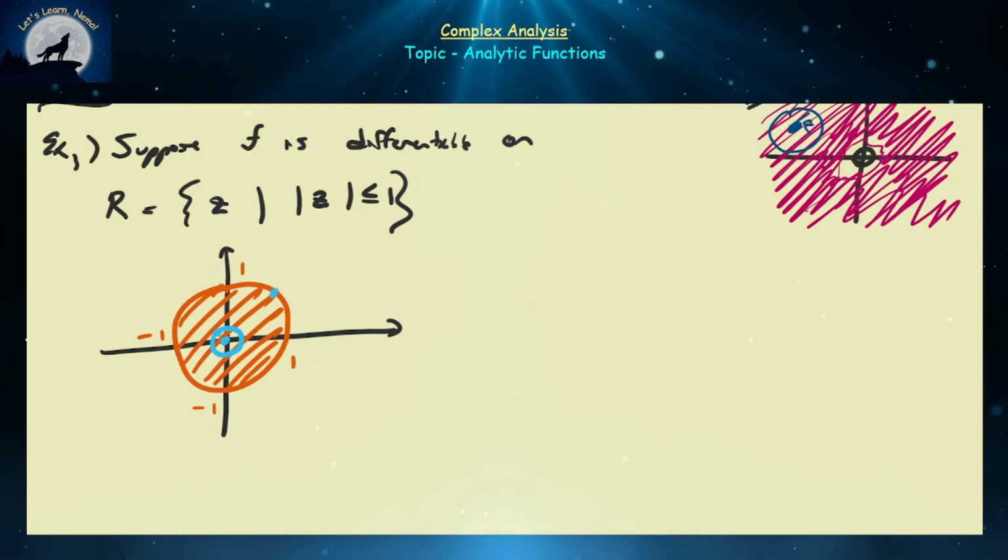But notice if I pick this point right here on the boundary, this is not analytic on the boundary.